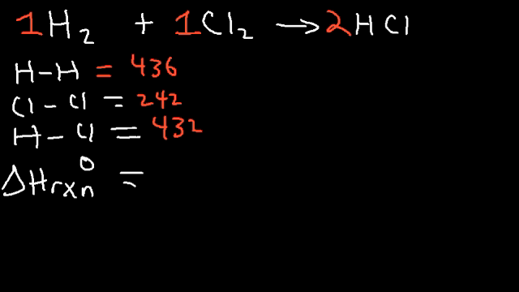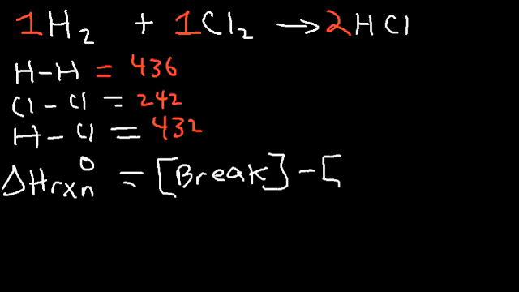And whenever a bond forms, it releases energy, that's exothermic. So it's the amount of energy required to break the bonds. Now this is going to be positive because it's endothermic. And plus the energy that's released. Now because whenever energy is released, it's negative, we're going to put a minus sign. So this is the amount that's released whenever the bonds form.